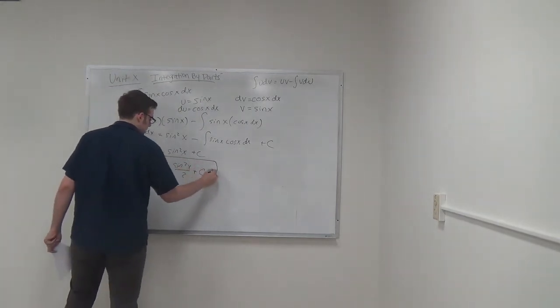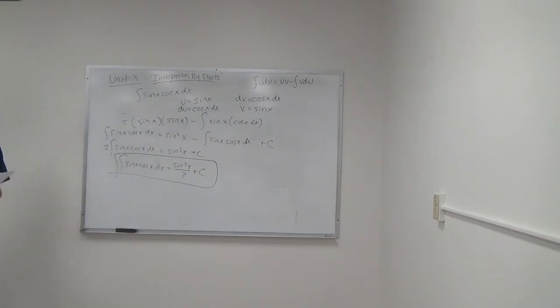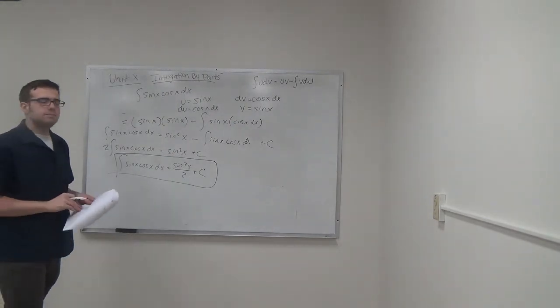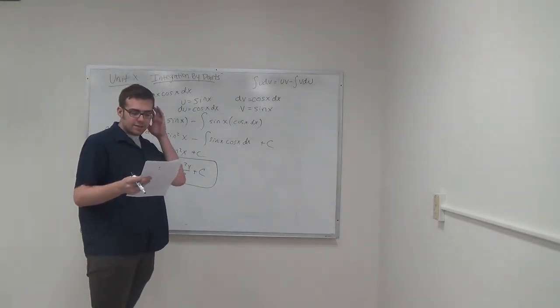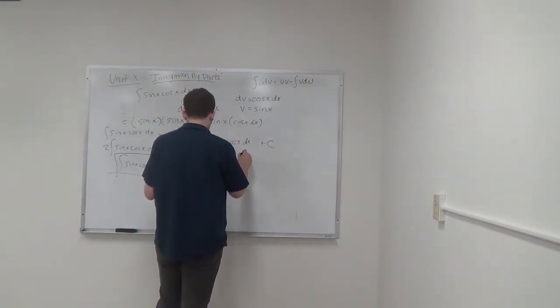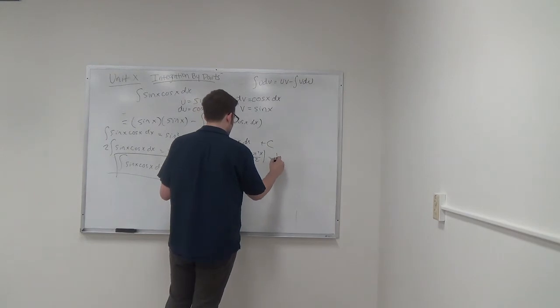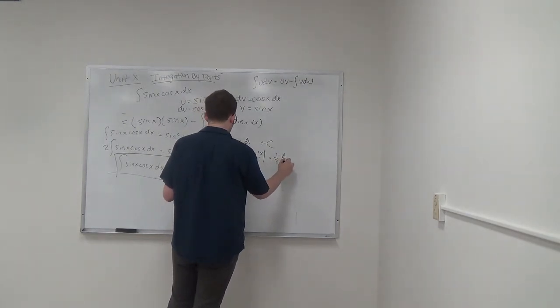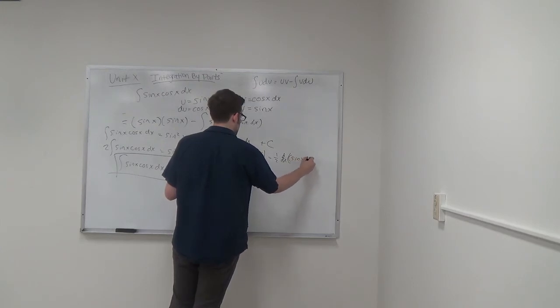And just to make sure that this is a valid technique, we're going to find the derivative of sine squared of x over 2. So the derivative of sine squared of x over 2 is equal to 1/2 times the derivative of sine of x squared.